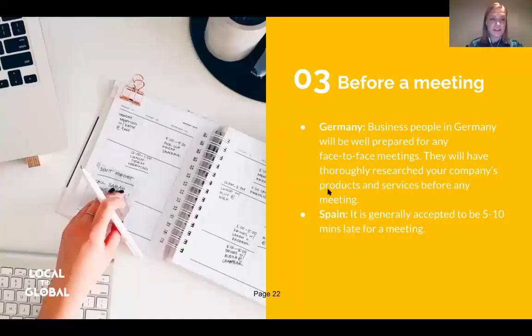So just something that I've noticed, German business people are quite well prepared for face-to-face meetings, or now over video conferencing. So they will usually have thoroughly researched your company's products and services before a meeting. And if you haven't done the same, sometimes that can be a reflection that you might not be that interested in them, which is their perception.